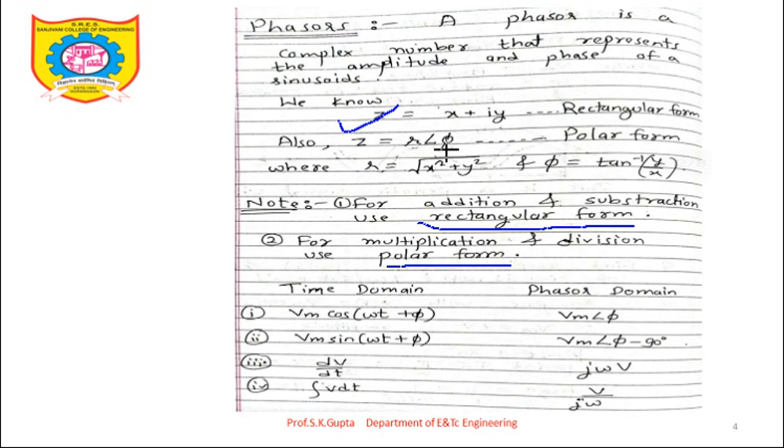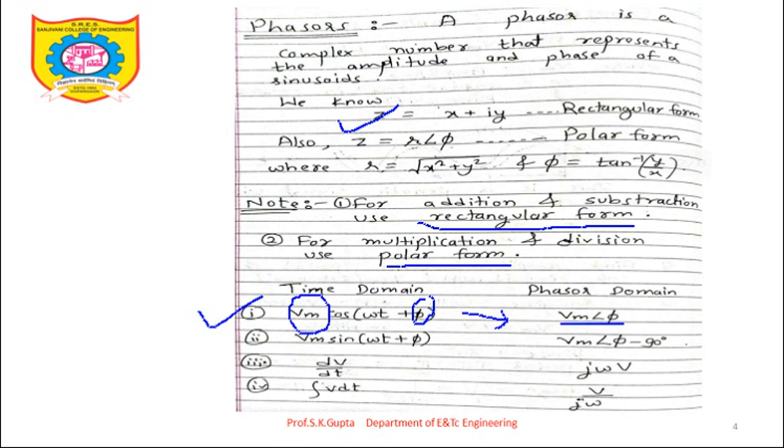Now if my signal in the time domain is Vm cos(omega t plus phi), then in the phasor domain I represent it as Vm angle phi. This Vm is the magnitude and this phi is the phase angle.